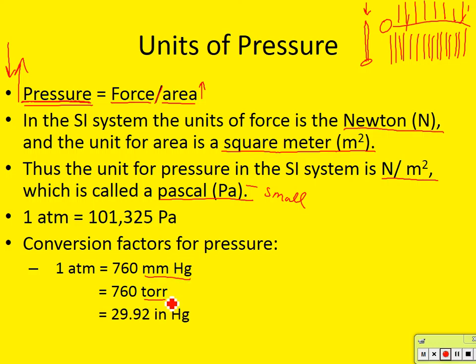1 atmosphere is also equal to 29.92 inches of mercury. In the United States, sometimes we'll see inches of mercury, where they measure that column of mercury not in millimeters but in inches. So if it's in inches, that's what you use.